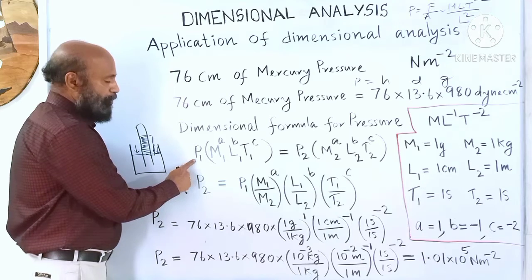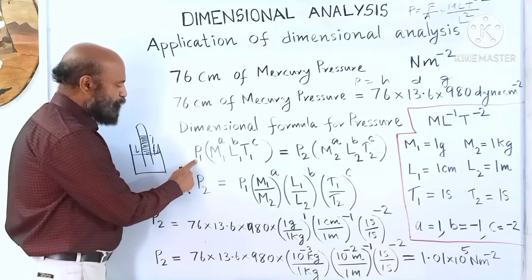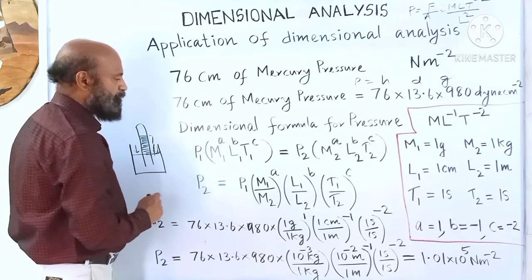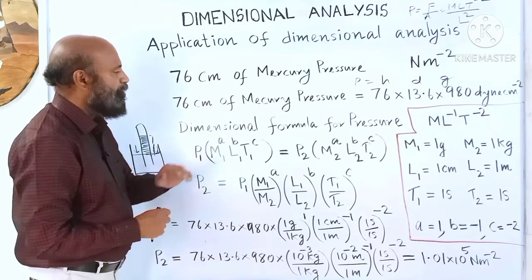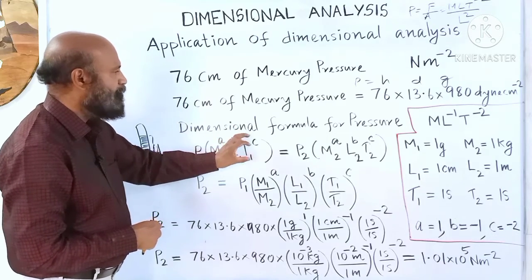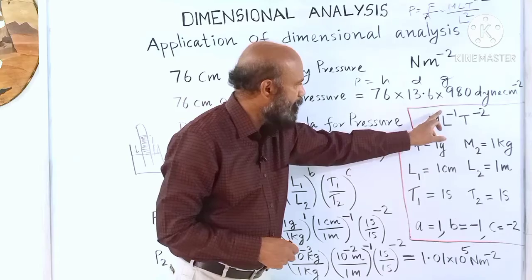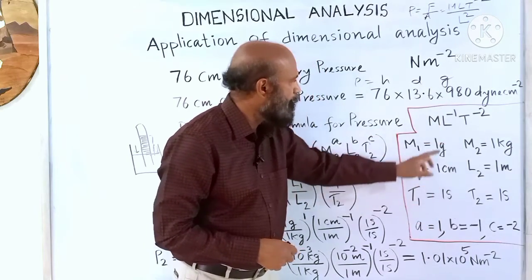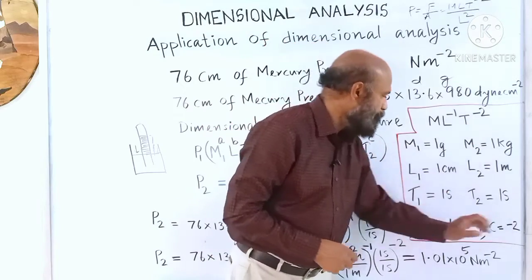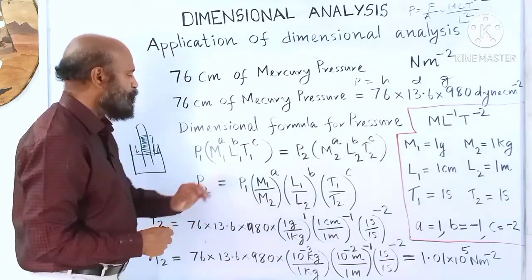Now you have already seen the product of the numerical value and the unit will be a constant. So in the first system, the numerical value is P1, and M1, L1, T1 are the units in the first system. a, b, c are the dimensions of M, L and T. In this case, a is 1, b is minus 1, c is minus 2.